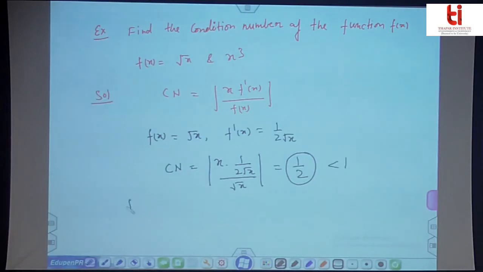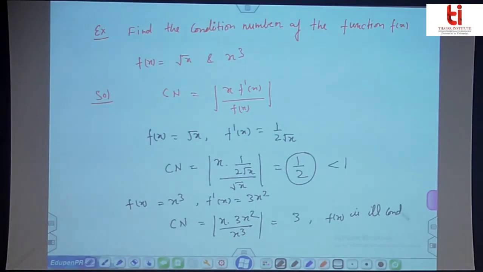Another example, f(x) equal to x cube. Then condition number in this case will be what? Derivative of the function 3x square, times x, 3x square upon x cube is coming out to be 3. So according to the definition we can say f(x) is ill conditioned, but it depends on the input also.